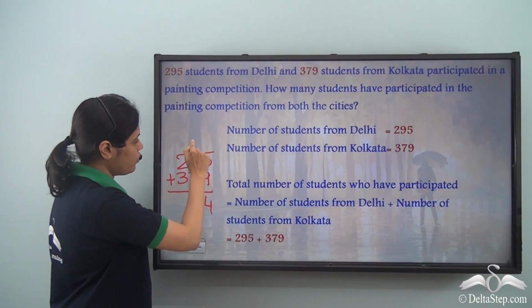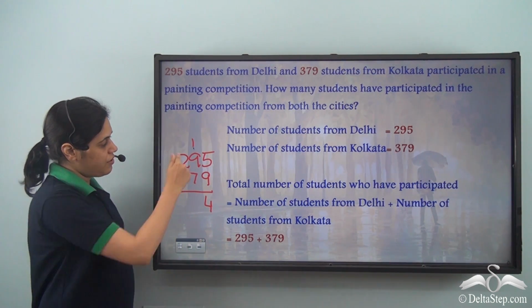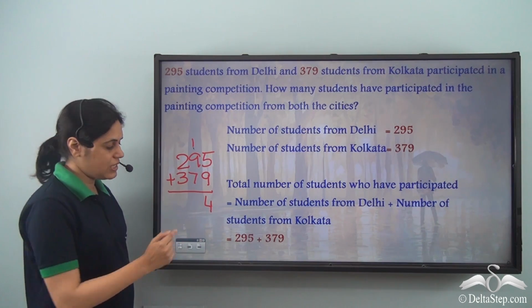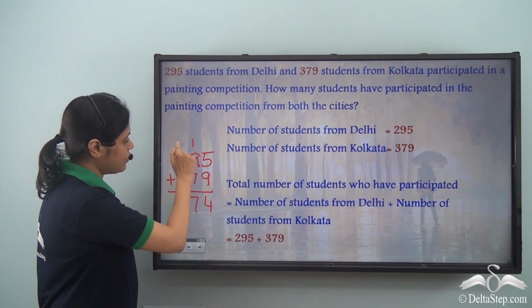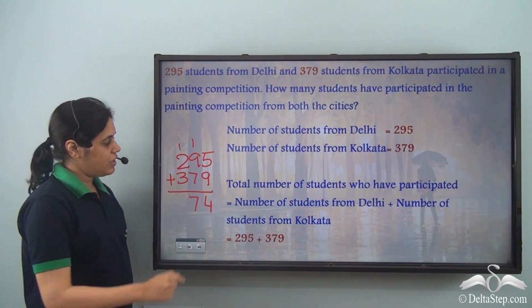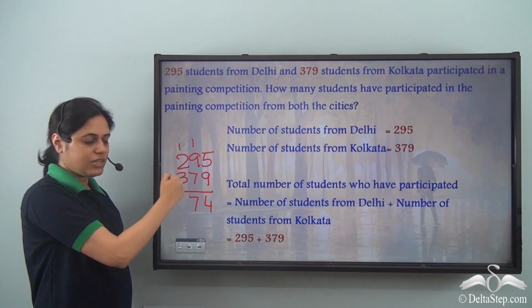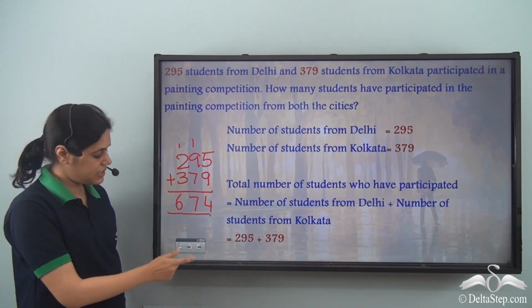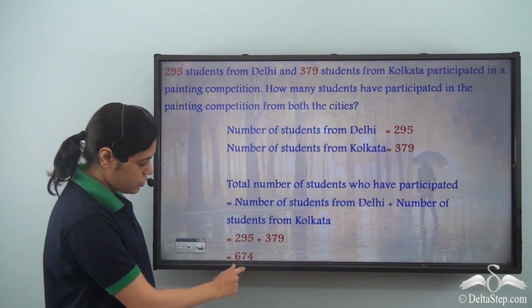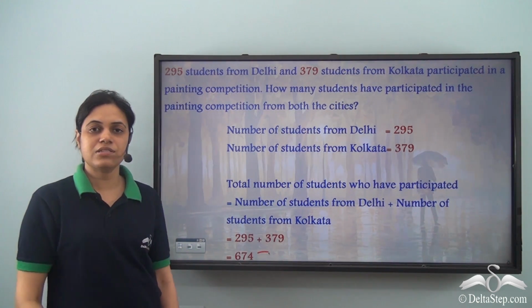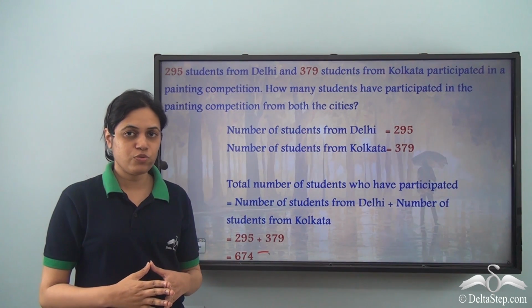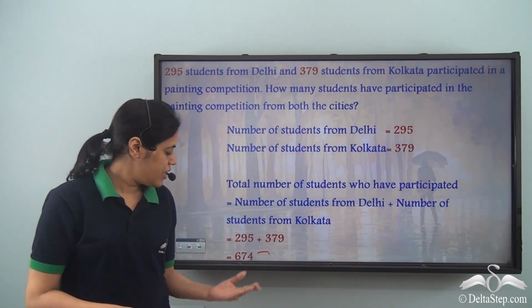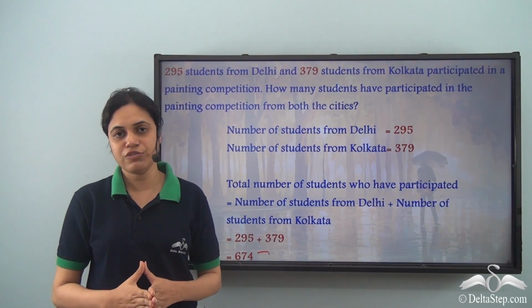So I have a 4 with 1 carry. 1 plus 9 is 10 and 10 plus 7 is 17. So I write 7 here with 1 carry. Now 1 plus 2 is 3 and 3 plus 3 is 6. So the answer is 674. So the total number of students who had participated in the painting competition is 674.